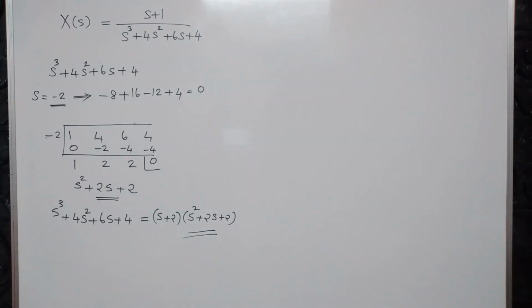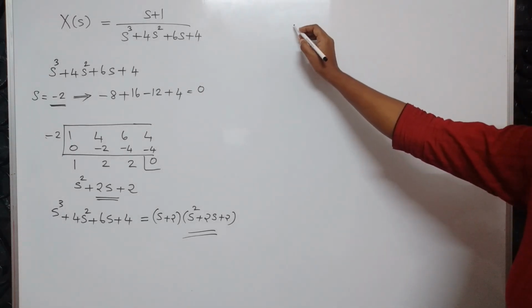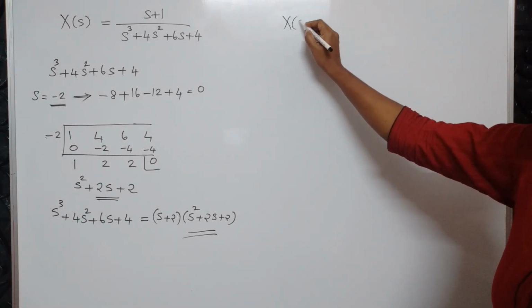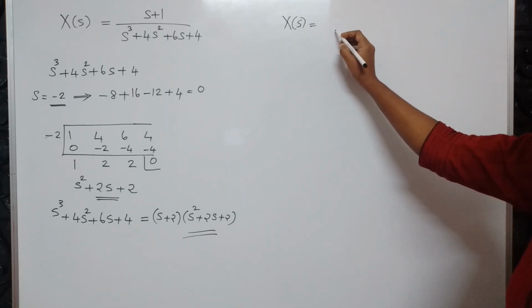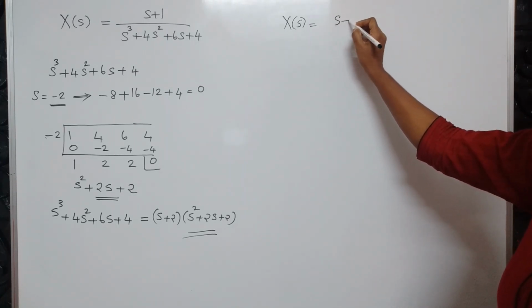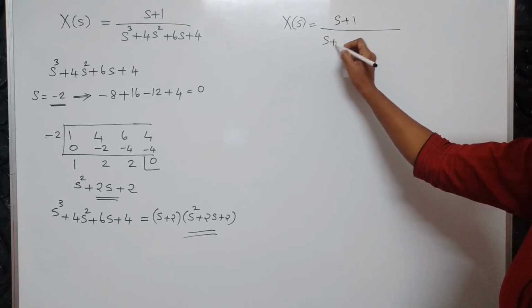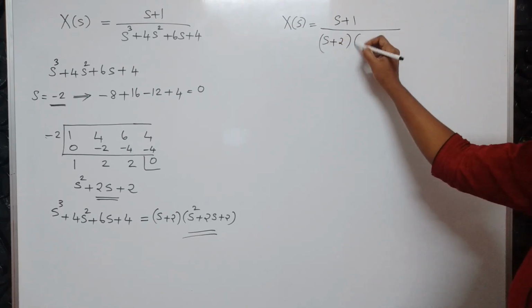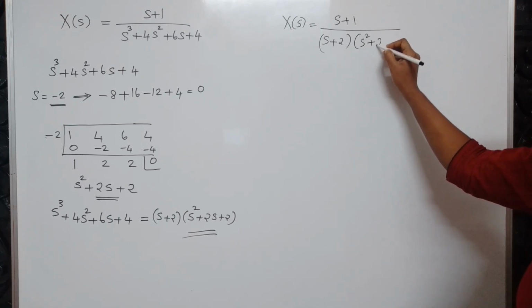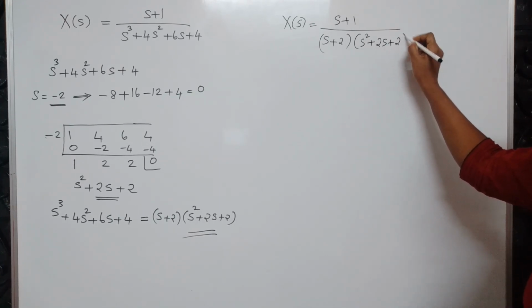Thus, X of s can be expressed as s plus 1 the whole divided by s plus 2 into s squared plus 2s plus 2.